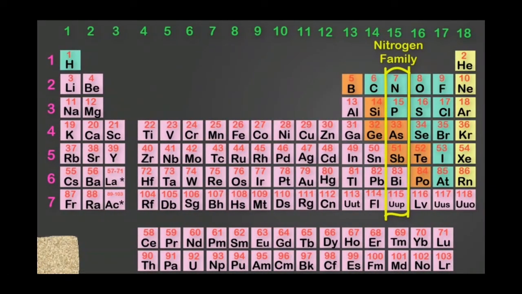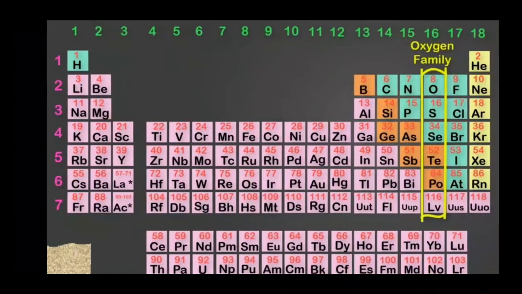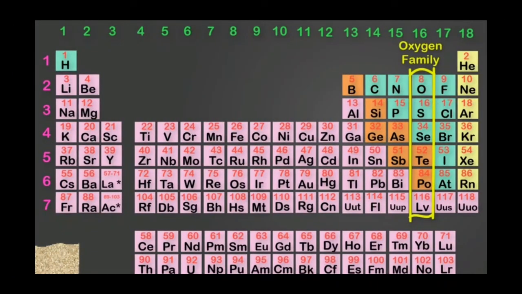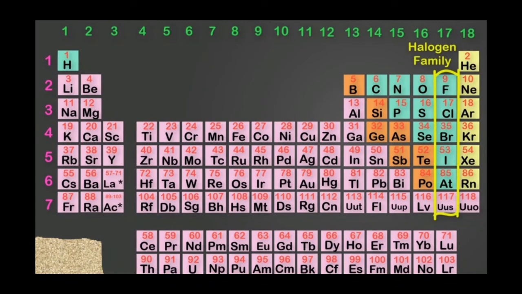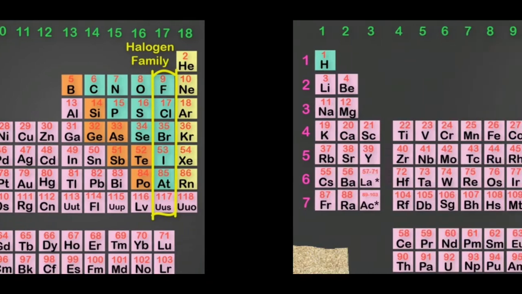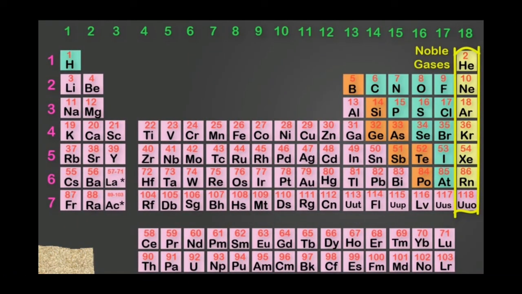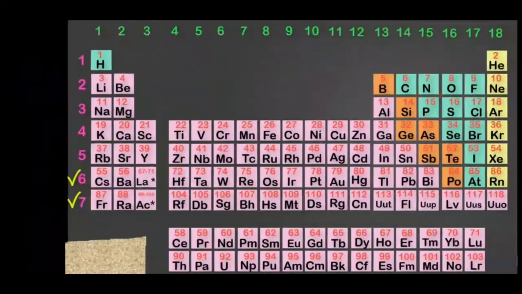Group 15 is called nitrogen family. Group 16 is called oxygen family or chalcogens. Group 17 is called halogen family. And the last one, group 18, are known as noble gases or inert gases.